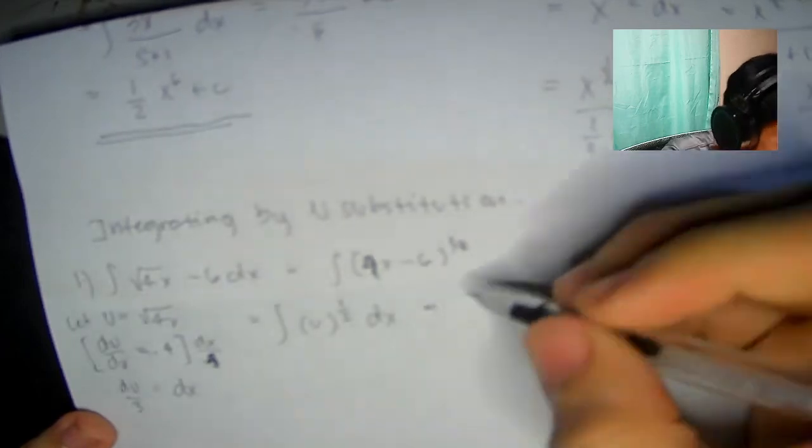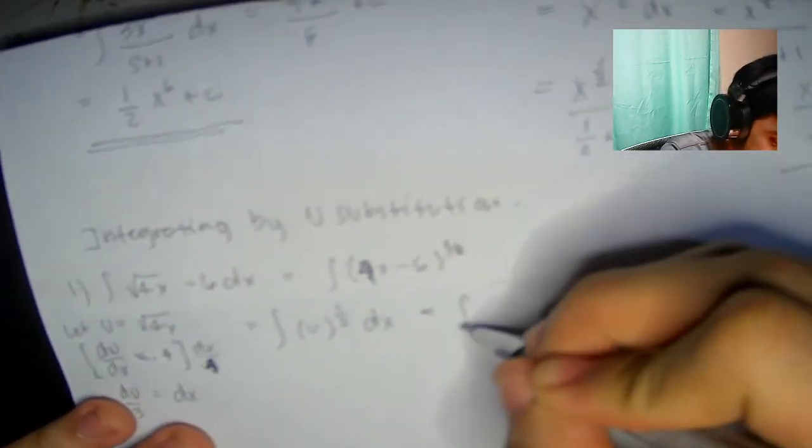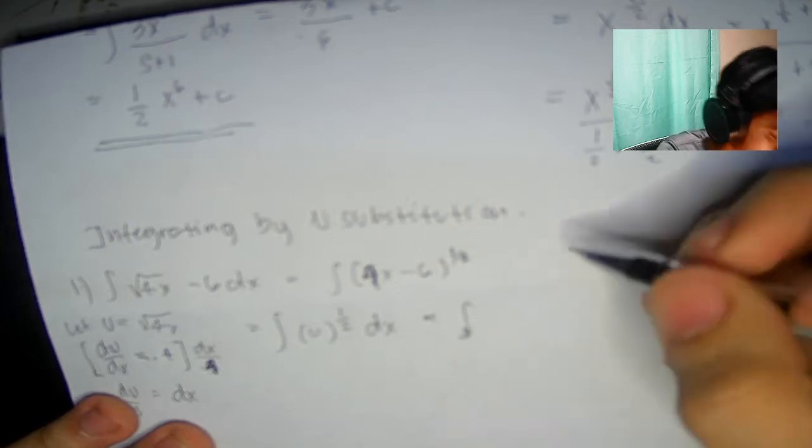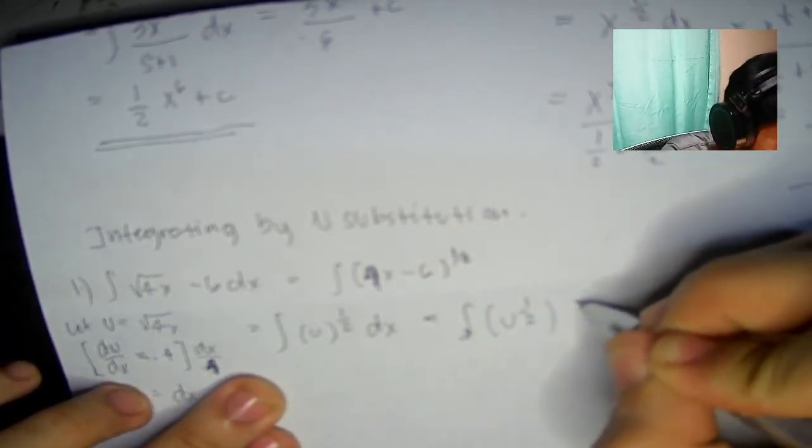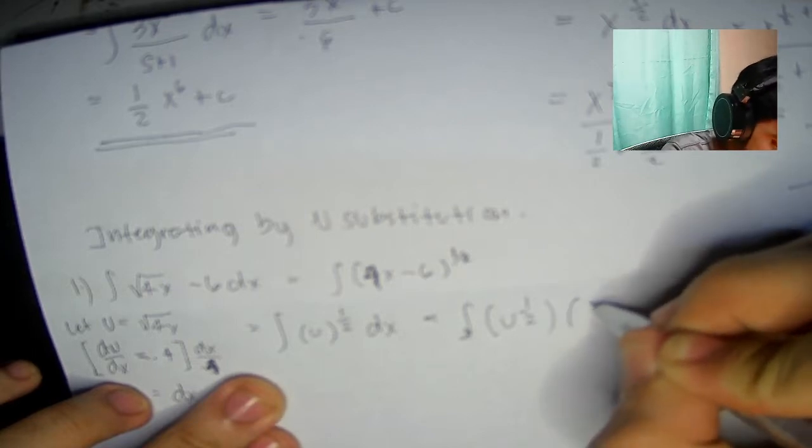So you put your du, equals u to the 1/2 du over, so this 4 should be 4. So I have 1/4 u to the 1/2 because of the square root.